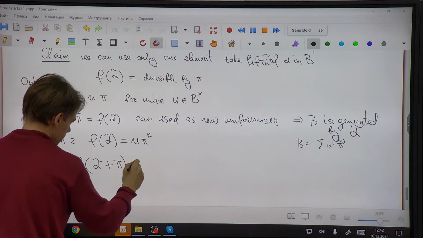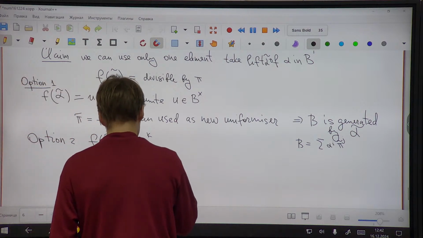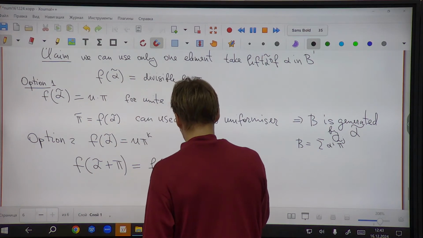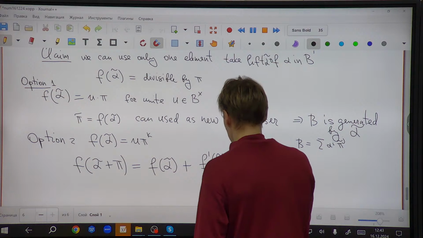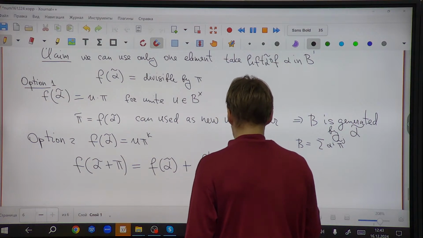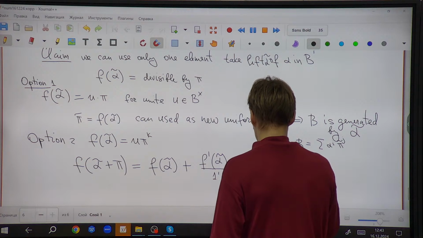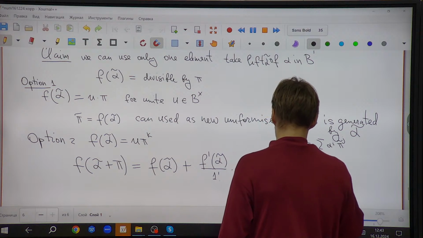And this is, by Taylor series, f of alpha tilde plus the derivative calculated at alpha tilde times pi plus larger powers of pi.